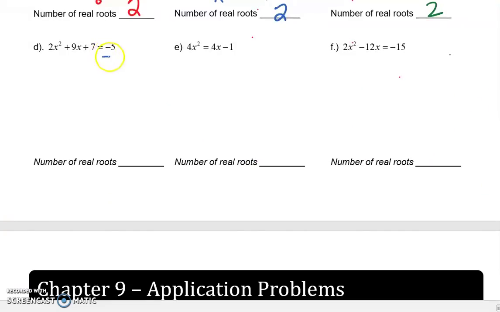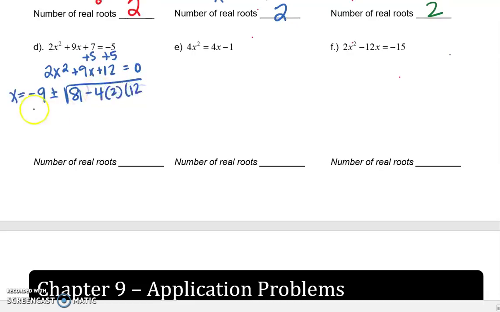All right, question D, you've got to move this 5 over. So your equation is 2x squared plus 9x plus 5 equals 0. x equals negative b, which is negative 9, plus or minus the square root of 9 squared, 81, minus 4 times a times c, all over 2 times 2, which is 4.